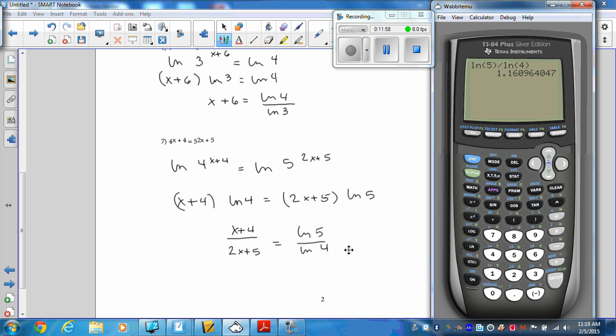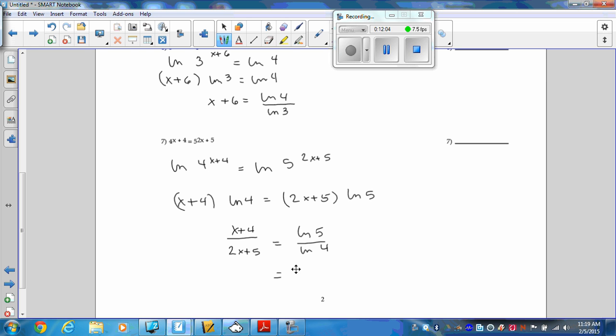So the value of this is 1.609. And notice I went an extra digit. It does say to go 2 digits. Well, actually, I think this one said to leave it in terms of log. But we're going to go ahead and turn this one into a decimal. And that's fine for you to do as well.